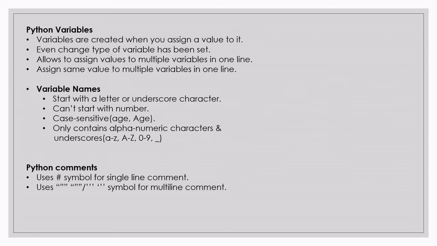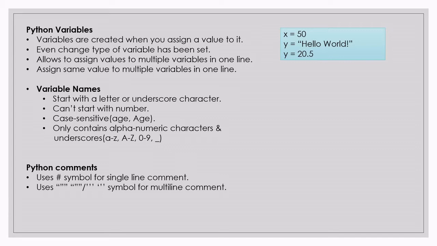How to create variables in Python. Variables are created when you assign a value to them. Let me show you an example. I have created x and assigned the value 50 to it, and in the next line I have created variable y and assigned the value hello world, and in the next line to the same y I have assigned 20.5.